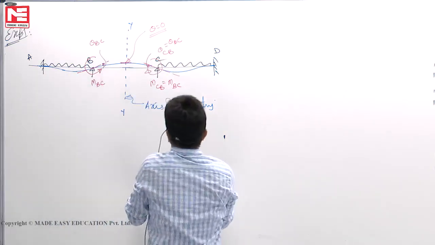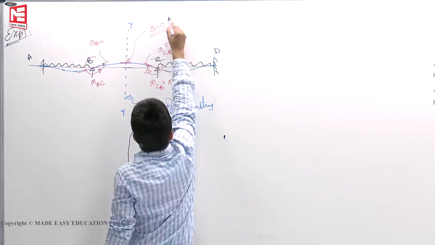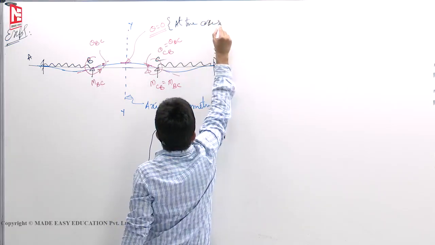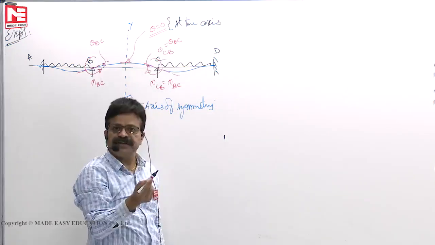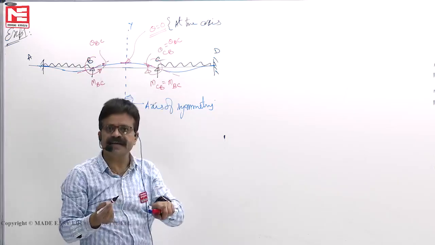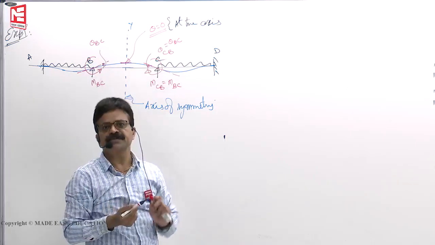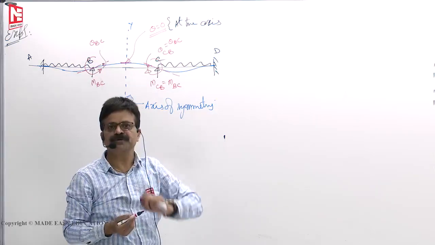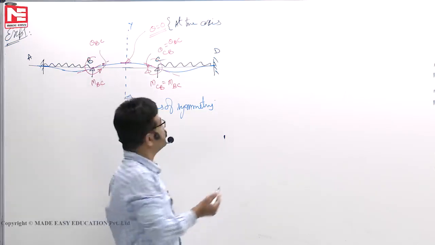So at the axis of symmetry, now you see in strength of materials, in all the problems wherever you have the axis of symmetry, the slope at that point was 0 because of this reason. Otherwise deflection profiles will not be symmetrical.